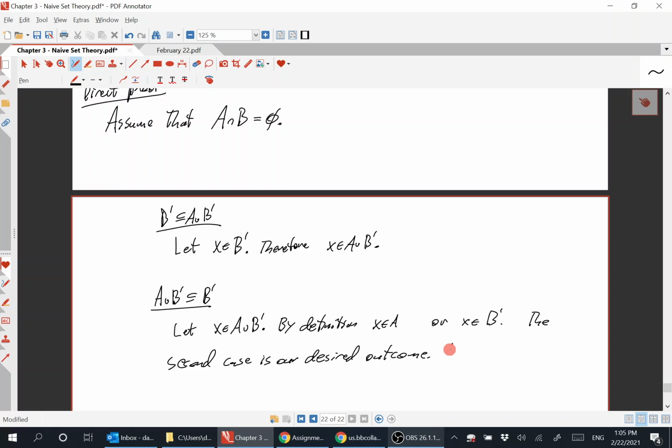So in the first case, if X is an element of A, then because, what's our assumption throughout this whole proof? What's the overarching assumption in this direct proof?